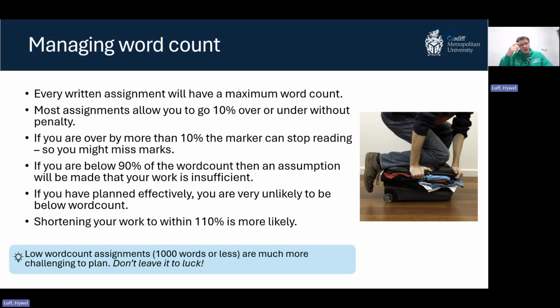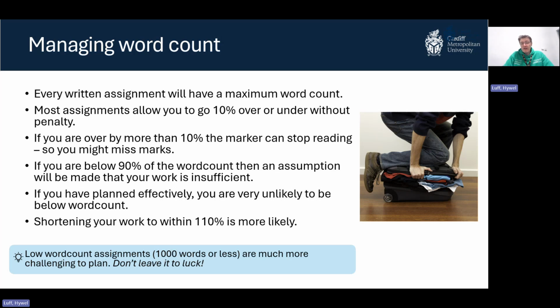Now you might be thinking, this is great, but I've only got 2,400 words, perhaps. Obviously you'll need to check your assignment brief, but the usual rule is you can go 10% over or 10% under.